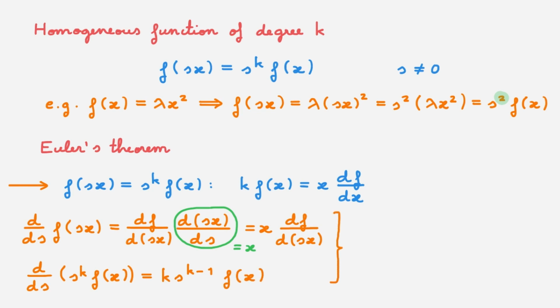Equating these two sides, we get this expression involving the derivative of f as equal to this other expression involving f. Finally, setting s equal to 1 gives us Euler's theorem up here. All of these ideas can be easily generalized to multivariable functions, and will explicitly show the corresponding results later on in the video.